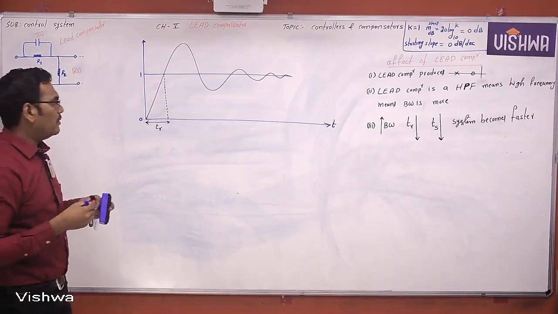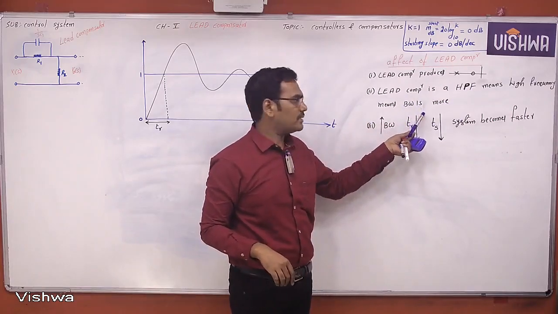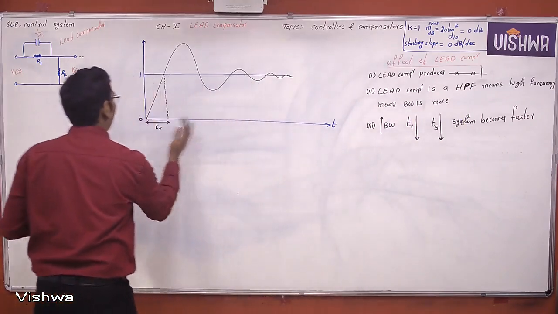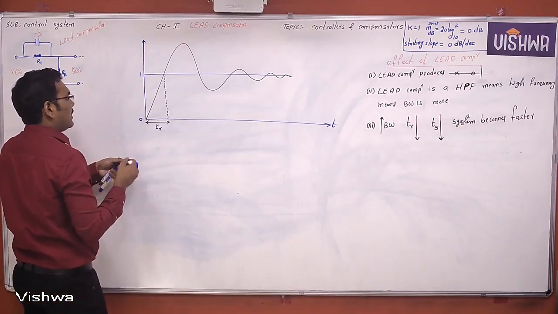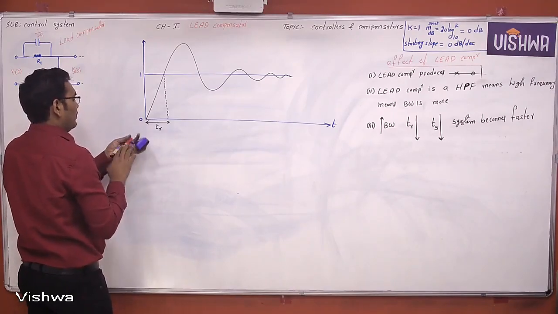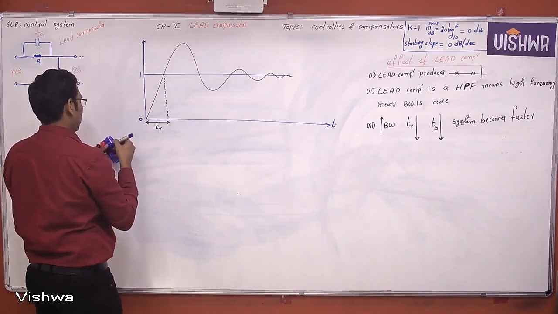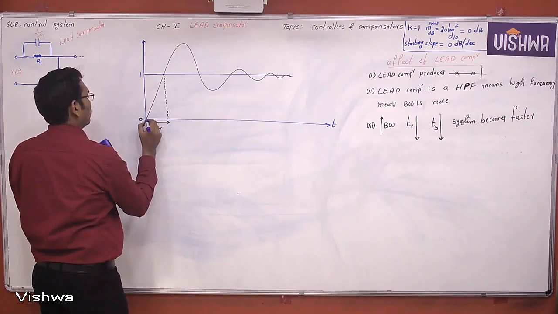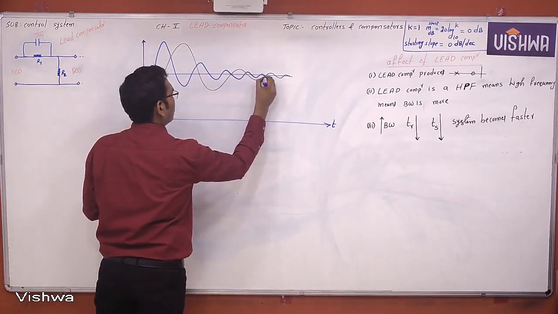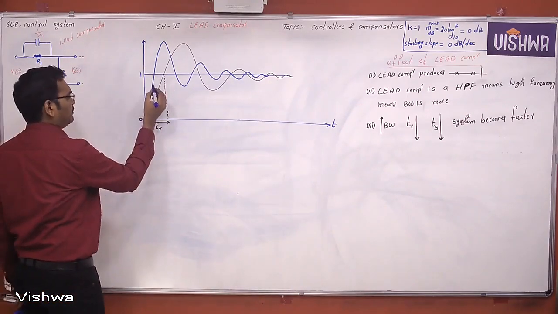Now what happened? This is a high pass filter, therefore high frequencies, therefore bandwidth is more. When bandwidth is more, rise time decreases.